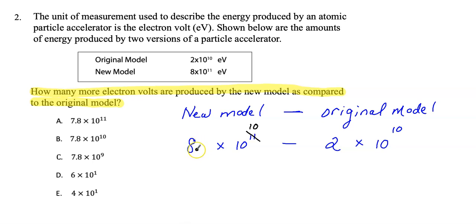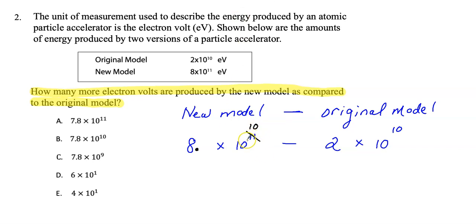So here's the decision we need to make. Do I move it 1 space this way? Or do I move it 1 space this way? And again, the reason I'm moving it just 1 space is because this was a change of 1.